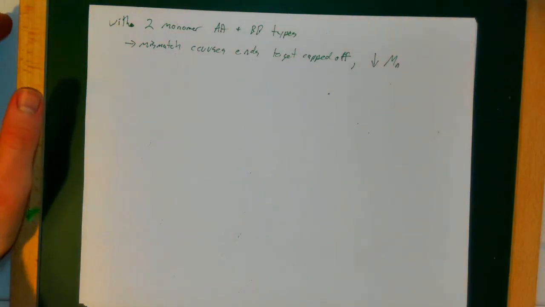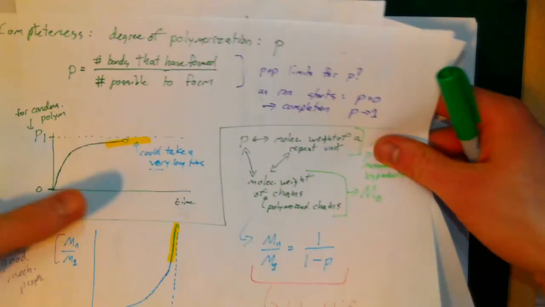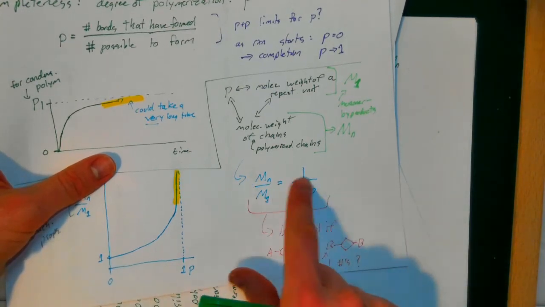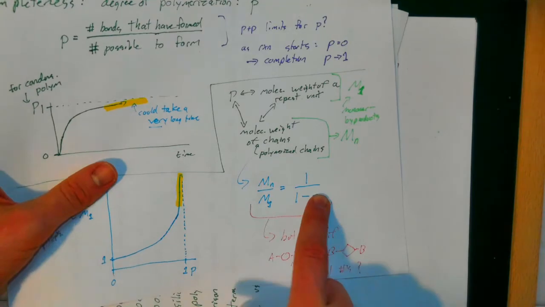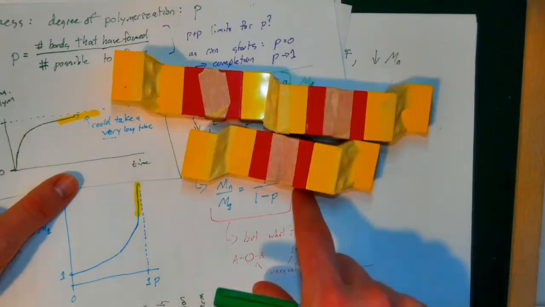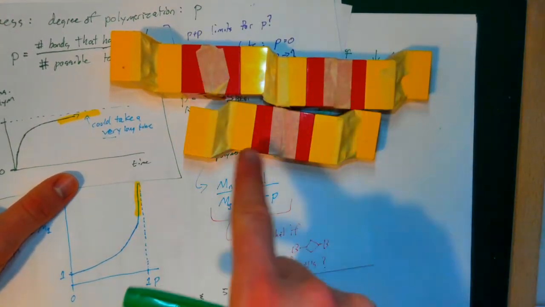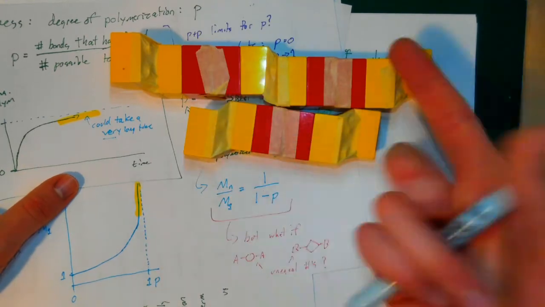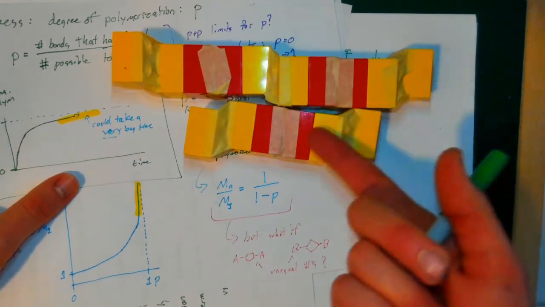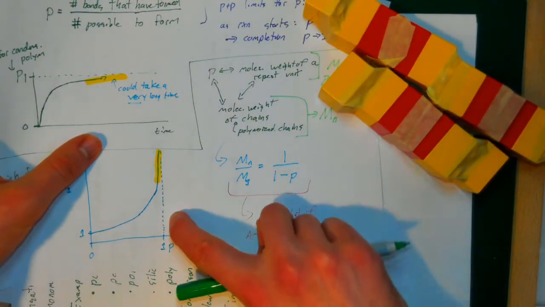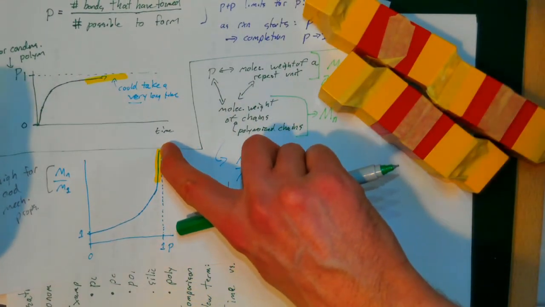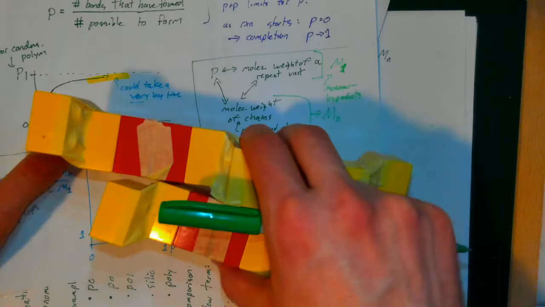It also means that this definition right here isn't quite good enough to predict my molecular weight, because in this situation here, I've formed all of the bonds that I could, right? I've formed all the bonds, every single bond is formed, but even though I've formed all the bonds, I'm not at this infinite molecular weight. I'm at this somewhat limited molecular weight.